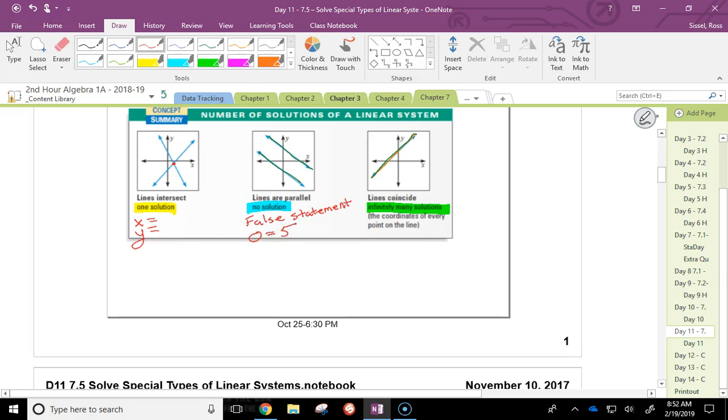For infinitely many solutions, you will get something that's a true statement, like 5 equals 5. Okay? So that's going to be the difference.